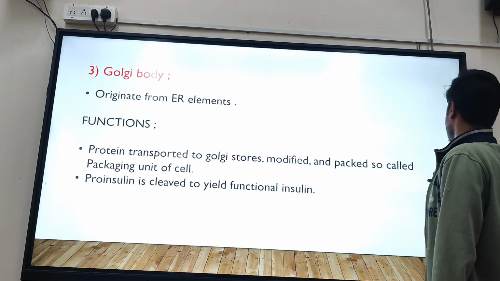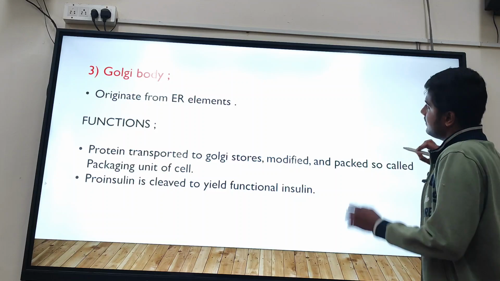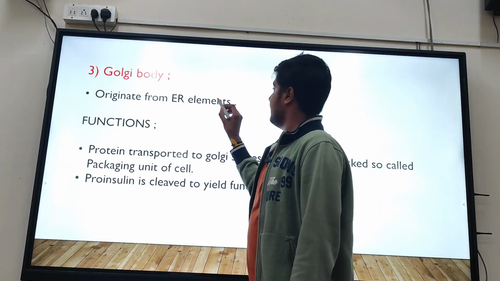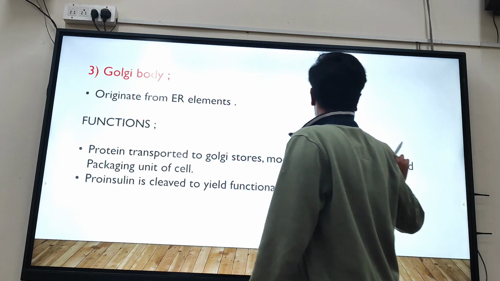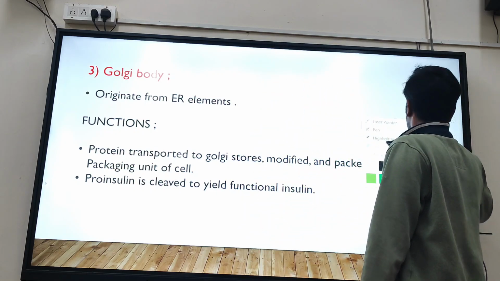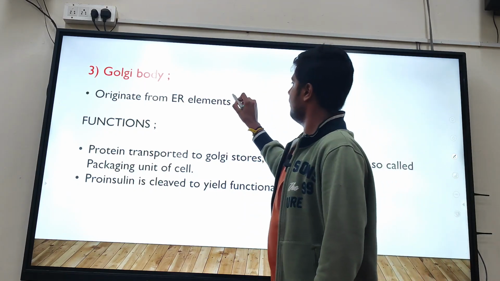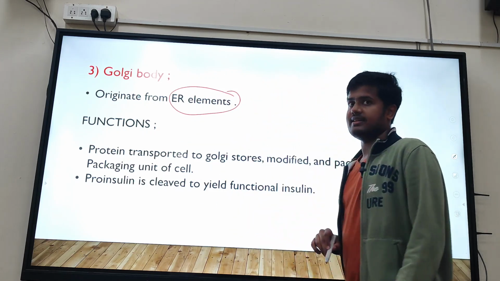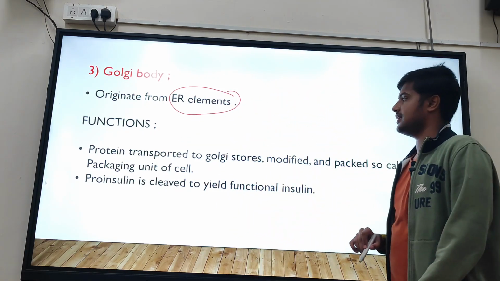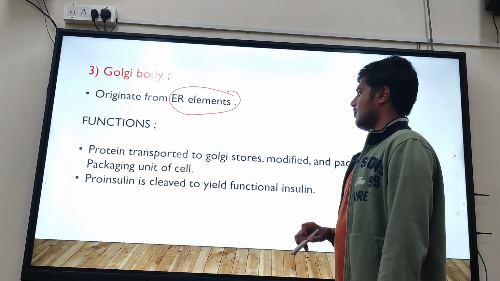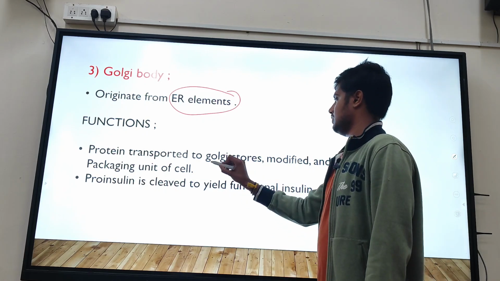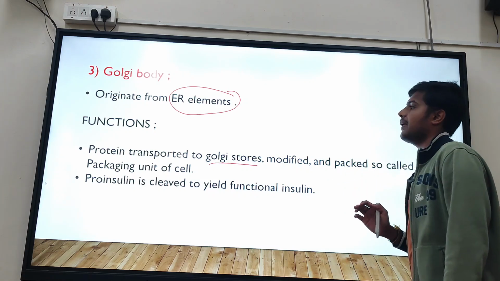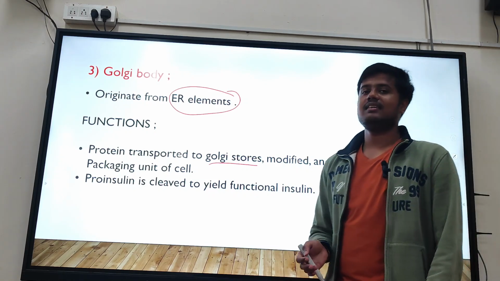Move on to the next topic, that is Golgi body. Golgi body originates from endoplasmic reticulum elements. It is located near the nucleus of the cell. Its function: proteins are transported to Golgi stacks, modified and packed, so it is called the packaging unit of the cell.